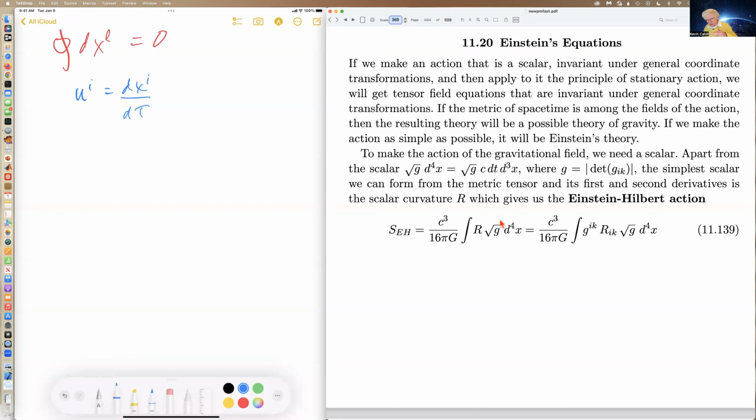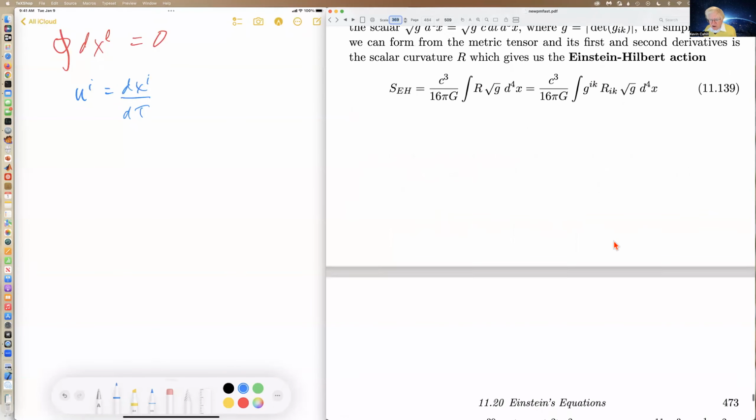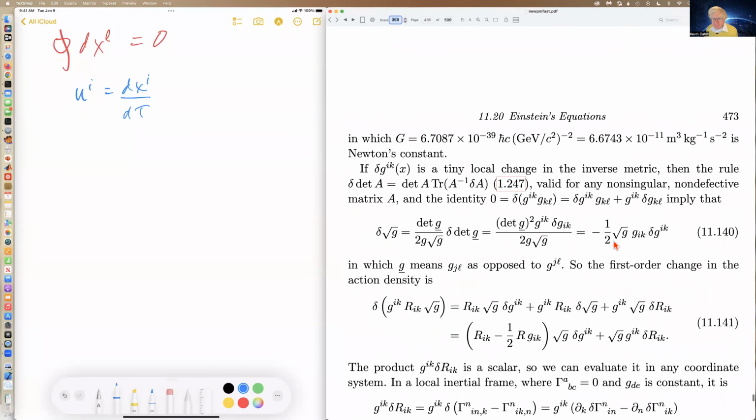But when we do the integral over space-time, we use an invariant volume element. And R, by definition, is the fully contracted Ricci tensor, R_ik. And remember, the Ricci tensor was the curvature tensor with one index raised, and you trace over that index, or contract that index.